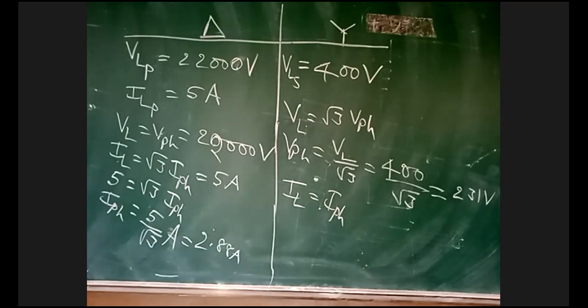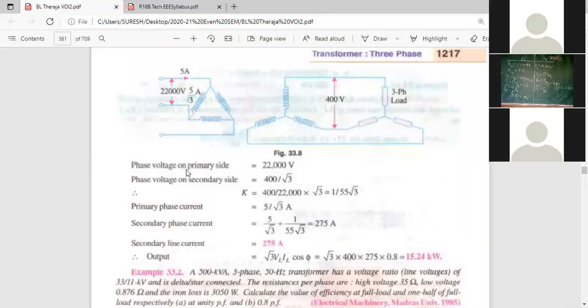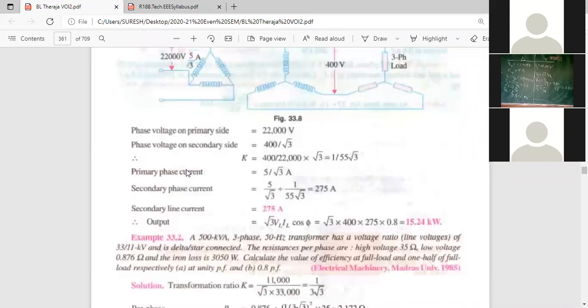That's what he is asking in the problem. See how they are determining line current on the secondary side. How can I determine? Can anyone tell?